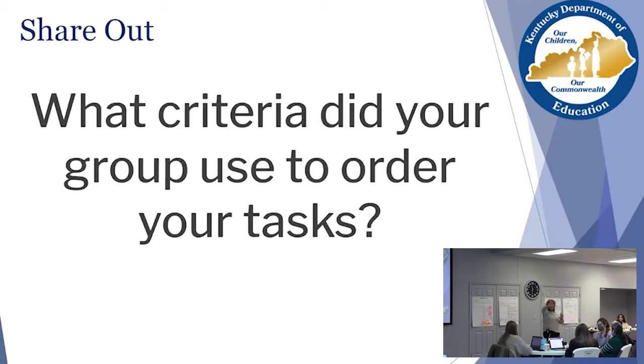What I want to share with you all is when I have done this in the past, this hasn't come up in a while, but I remember the first time I went through this process at KSTA, we were going through this ordering and asking what criteria you're using.